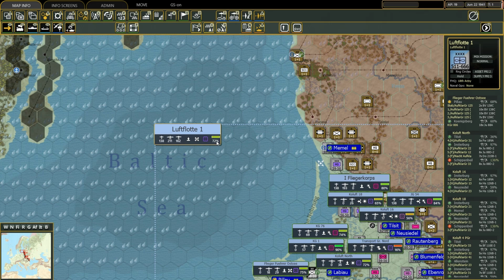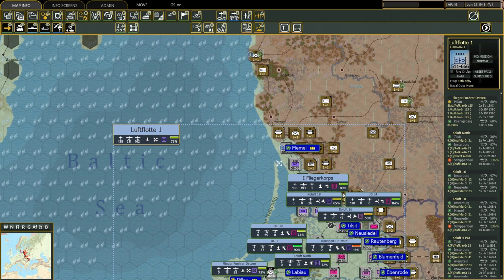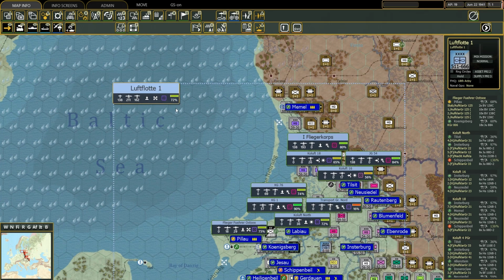While this green bar and this number, the green bar basically gives you a visual indication of how many planes are ready within the chain of command of the Luftflotte 1, and the percentage tells you the number. So in this case, the Luftflotte 1 has 72% of its planes ready, and you can find these numbers here in the basic unit info box.